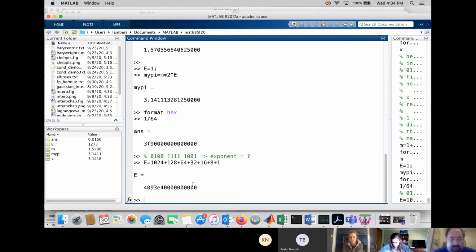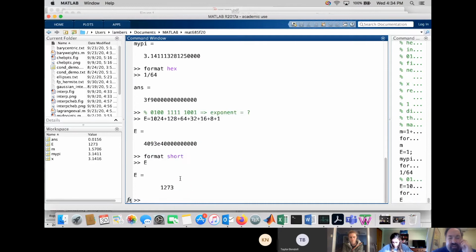So that's the exponent. But that doesn't look right.